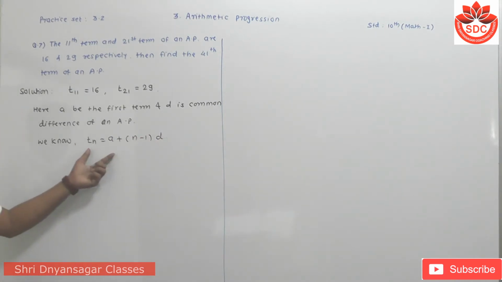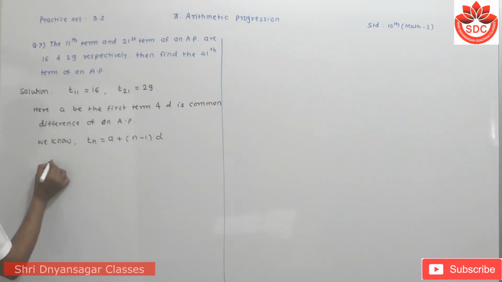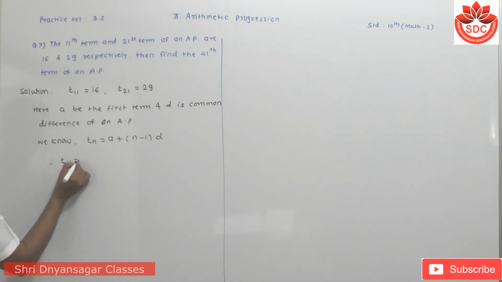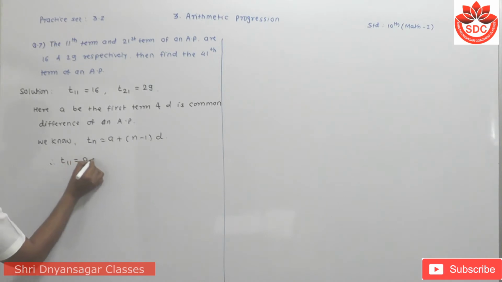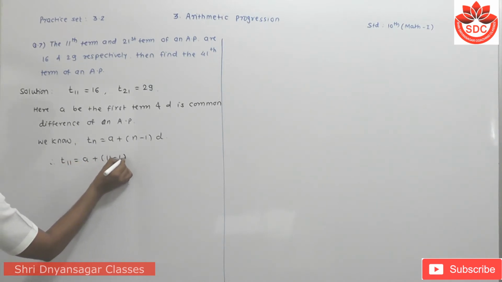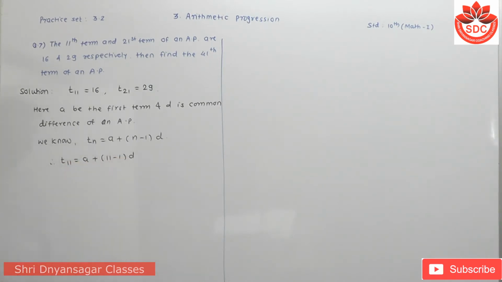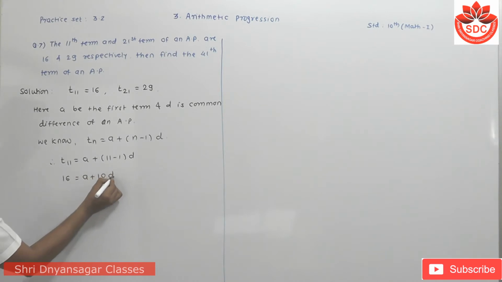We use this formula to solve these two equations. T11 is equal to a plus, n is 11, minus 1 into d. But T11 is given here as 16, so 16 is equal to a plus 10d.